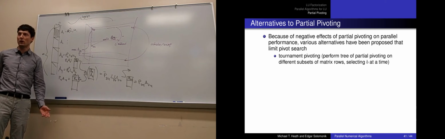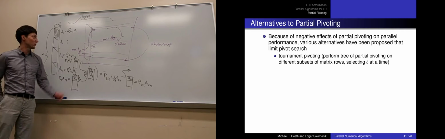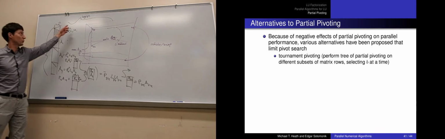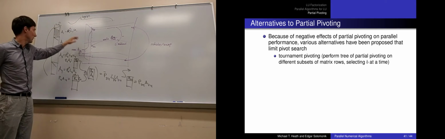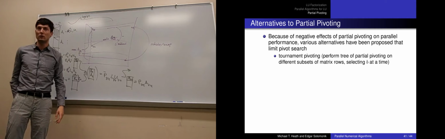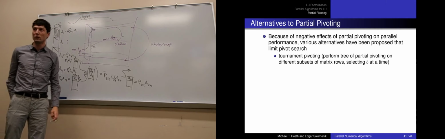So the algorithm effectively doubles the cost of doing an LU factorization in terms of work, but brings the number of messages you need, your latency cost, from something proportional to the number of columns to something proportional to just log p. So you select those pivot rows once, and you can do the whole skinny LU factorization after that with just a single broadcast.